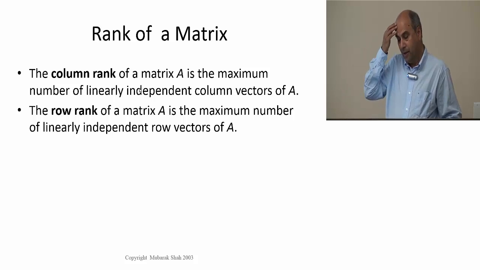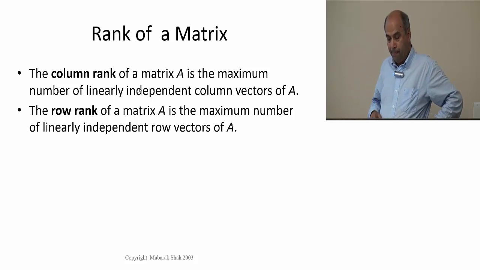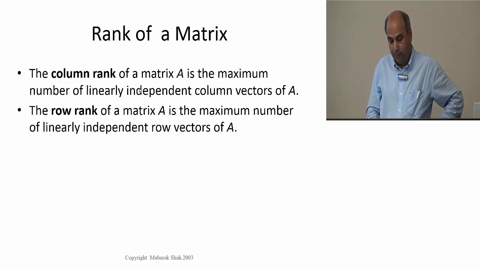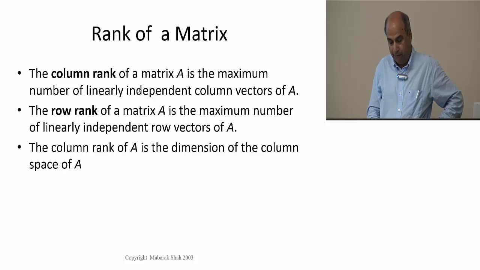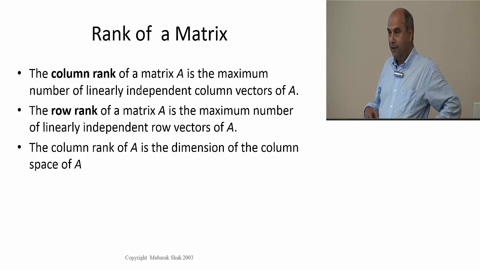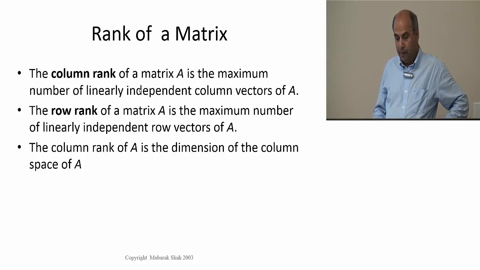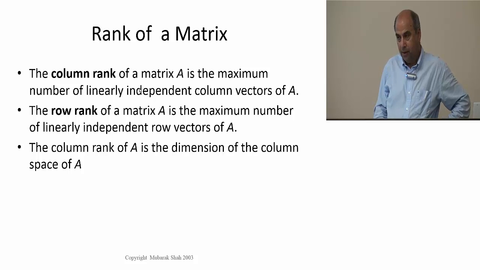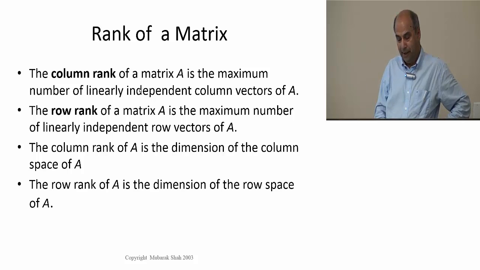The row rank is again that we take the rows and count how many are linearly independent. Once we know the rank, that gives us the dimension: the maximum dimension we need to represent all the vectors in that space.